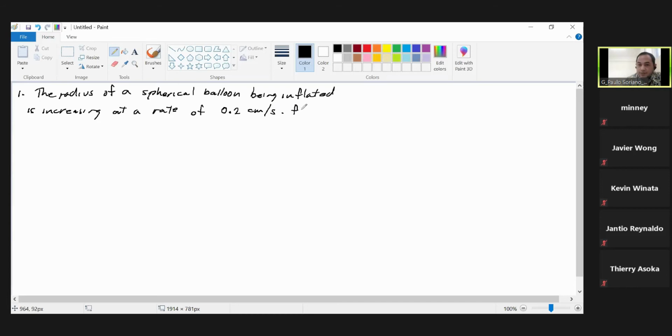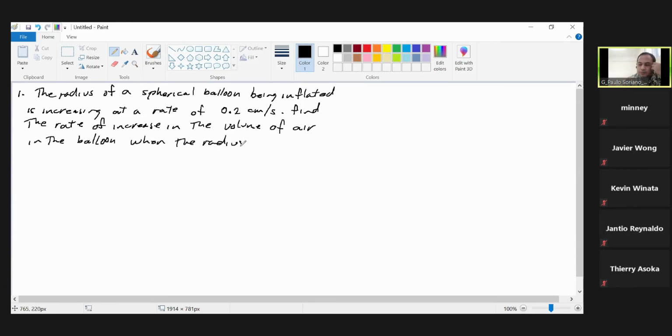Next, find the rate of increase in the volume of air in the balloon when the radius is 6 centimeters.